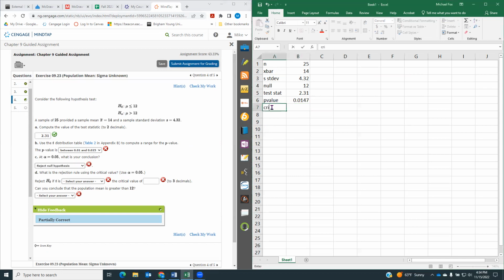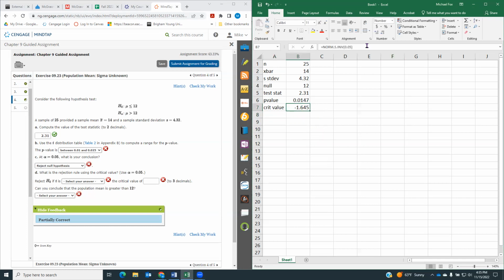So critical value, sometimes I just call it crit value. And here we're going to do norm.s.inv, and then we're going to put in the alpha. Here's the problem though. If we put in the alpha, actually it might work just fine. Yeah, it's going to return us a negative critical value.